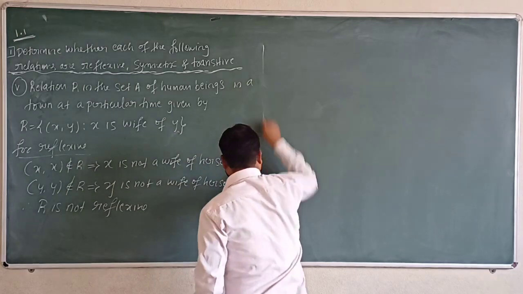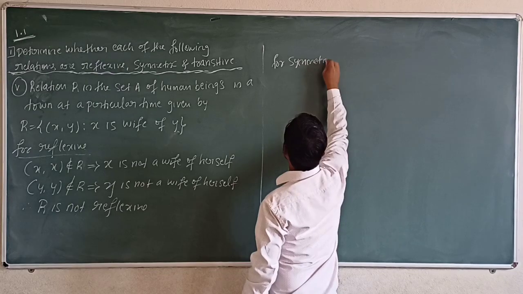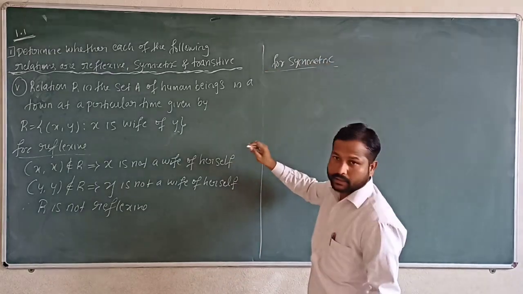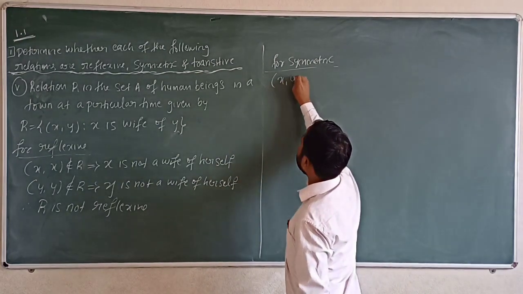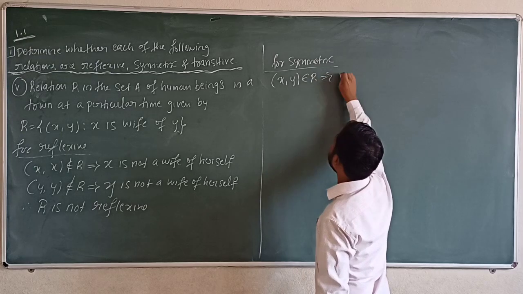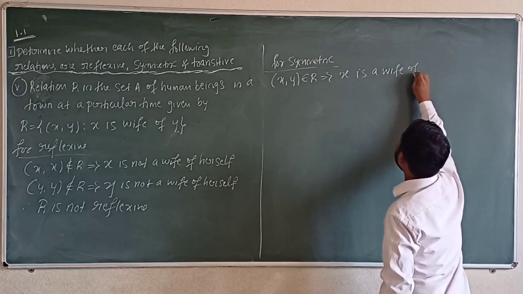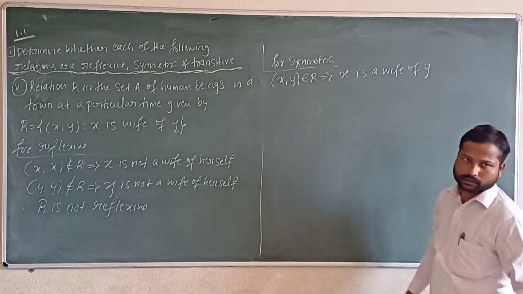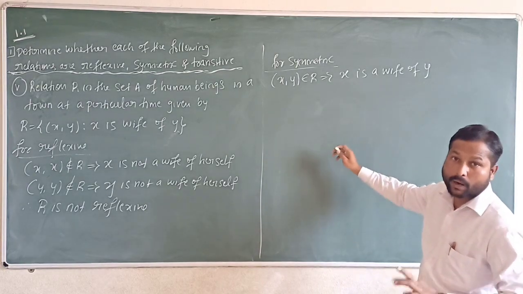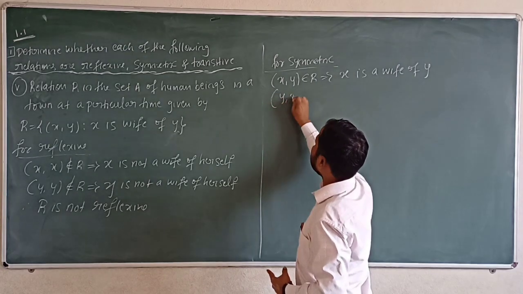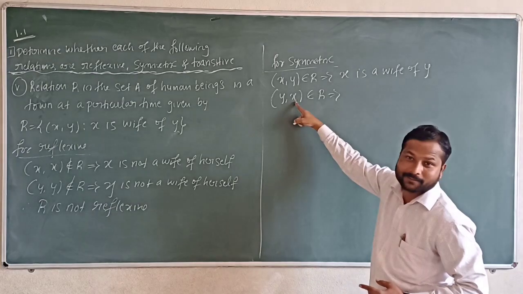Okay. Take up symmetric now. For symmetric, meaning if (a, b) then (b, a). Take this up: (x, y) belongs to R. Apply the relation. x is a wife of y. Unbothered, because they are different persons here. Now take the reverse: (y, x) belongs to R. Is it y is a wife of x?